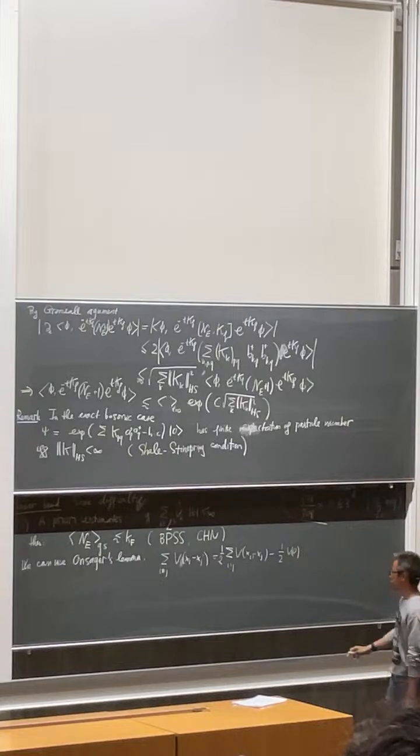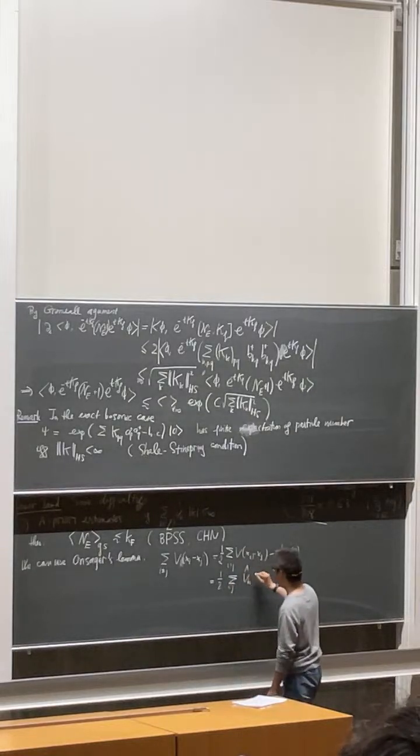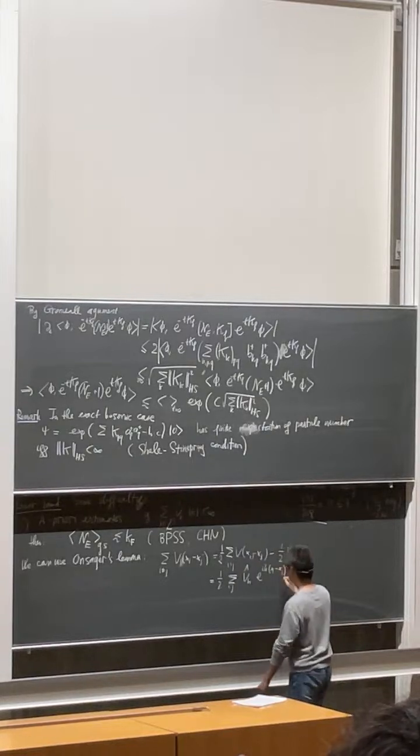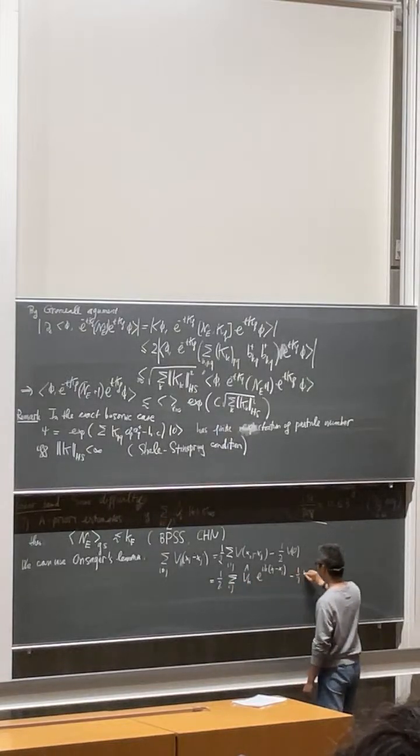Okay? And now this one is nice because you can write it as a Fourier series: the sum of V_k and e to the i k times (x minus y), up to some volume factor that we count out, and then the same thing.